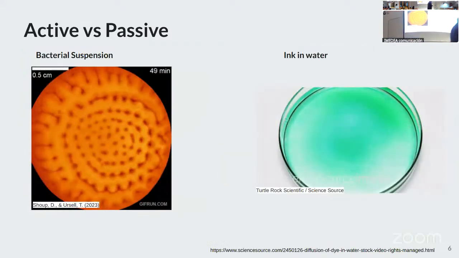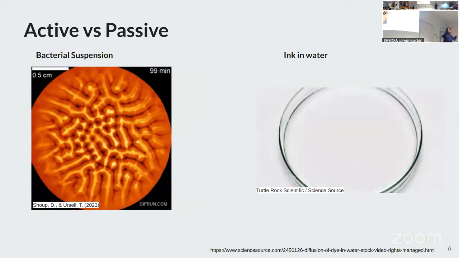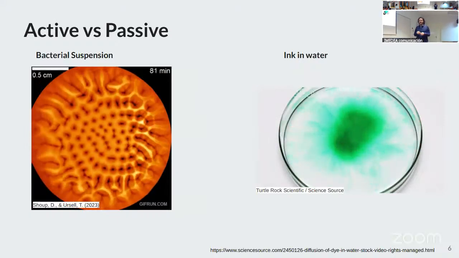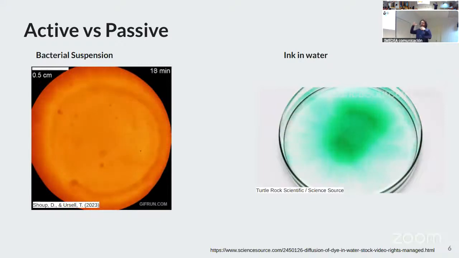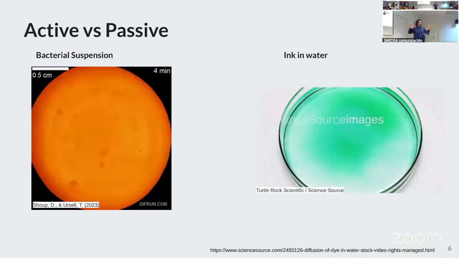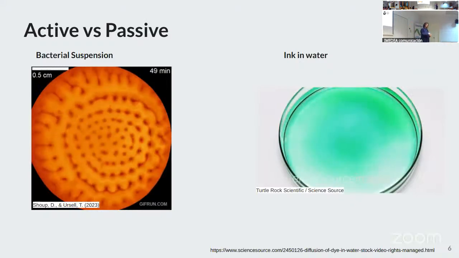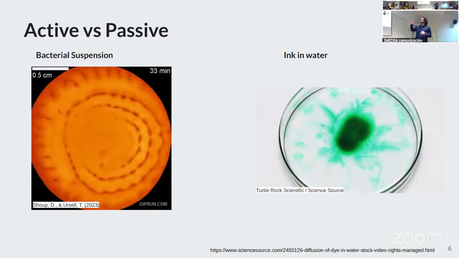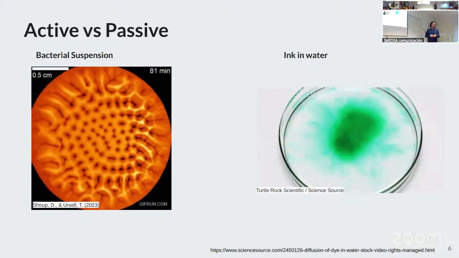This is a nice visual way of understanding the difference between active and passive. Let's have in mind this case of colloids, in which we have a liquid and we put small particles in the liquid. Here we have the typical diffusion experiment.